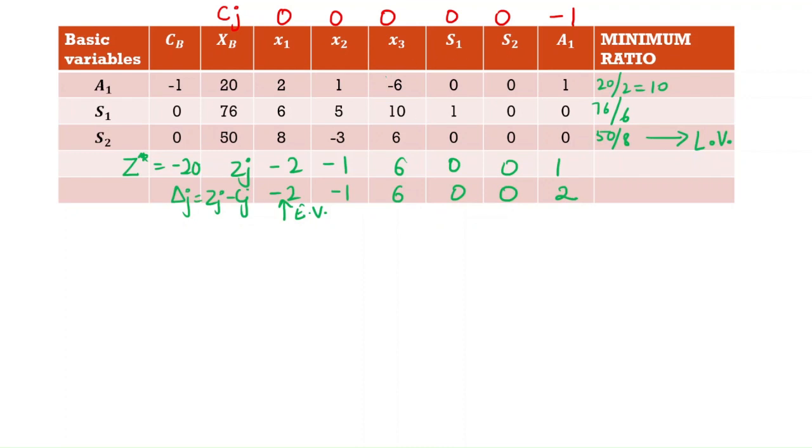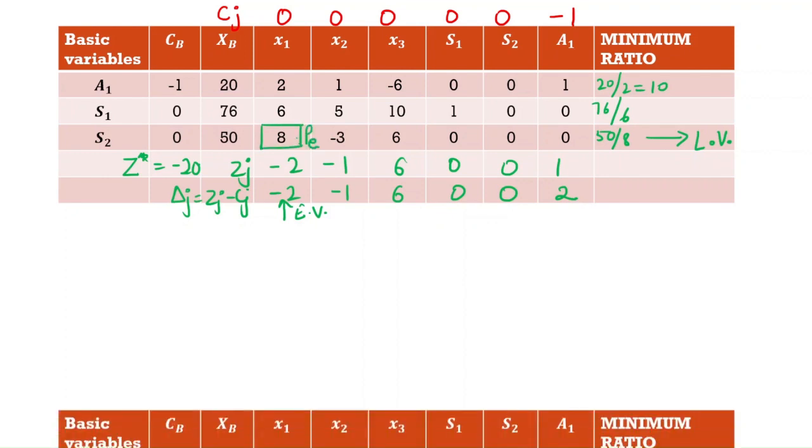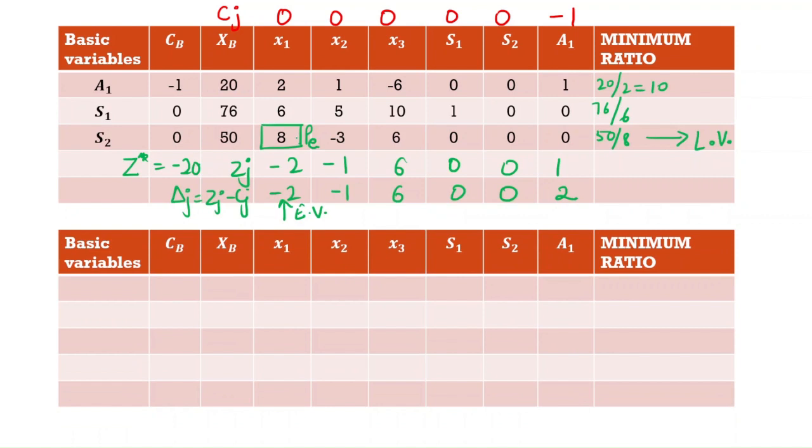So the pivot element is denoted by this. So that means in the next iteration table, we'll be having a1, s1, and s2 will be leaving. So x1 will be entering the basis.